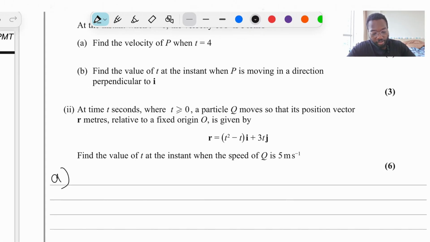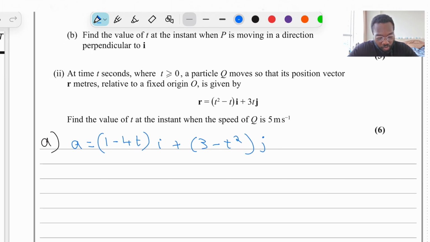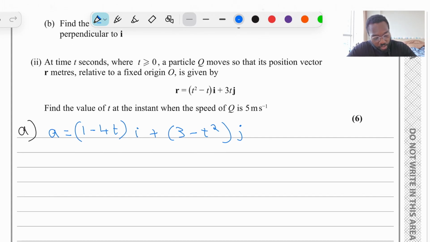So if I just rewrite that down here, we know that a is equal to (1 minus 4t)i plus (3 minus t squared)j. So we need to integrate this to look at the velocity. If we integrate everything here, then we get v, because now we're dealing with the velocity. Integrate 1 minus 4t, well, that will be t minus 4t squared over 2, so that would be 2t squared, and that is all still going to be i.